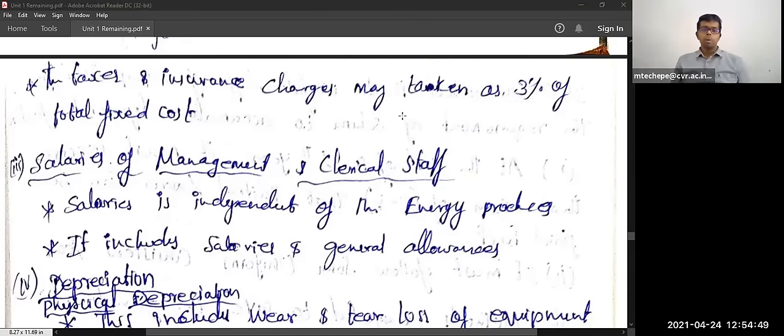If you take the roll call shift-wise, a minimum of 300 to 500 members might be entering a thermal station of 3000 or 4000 megawatt.